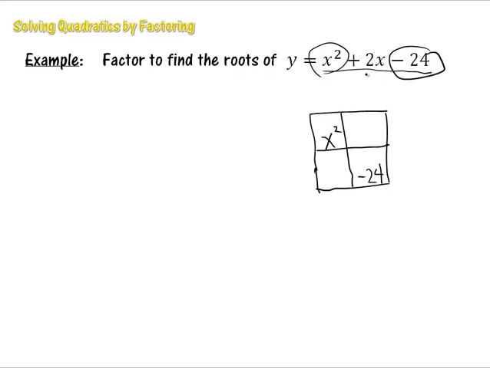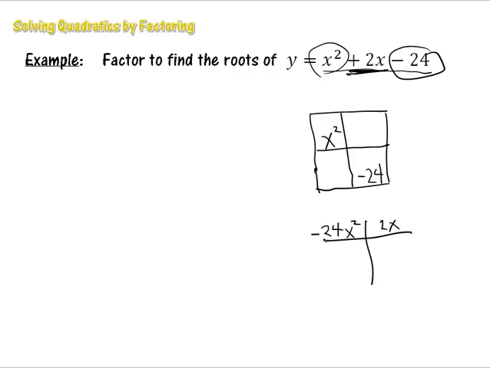And then we're going to find things that add together to make 2x, and those go in these two boxes. And they have to multiply to be the negative 24x squared. So I have to multiply to be negative 24x squared, and I have to add to be 2x.